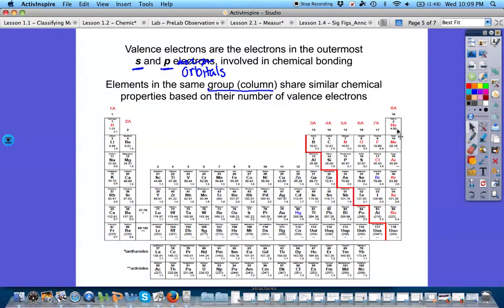Helium is an exception, it only has 2, but everything else in this column, all the rest of the noble gases, have 8 valence electrons. So go ahead and write in the 1A, 2A, 3A, 4A, 5A, 6A, 7A, and 8A numbers. That's going to tell us the number of valence electrons for the element in that group.